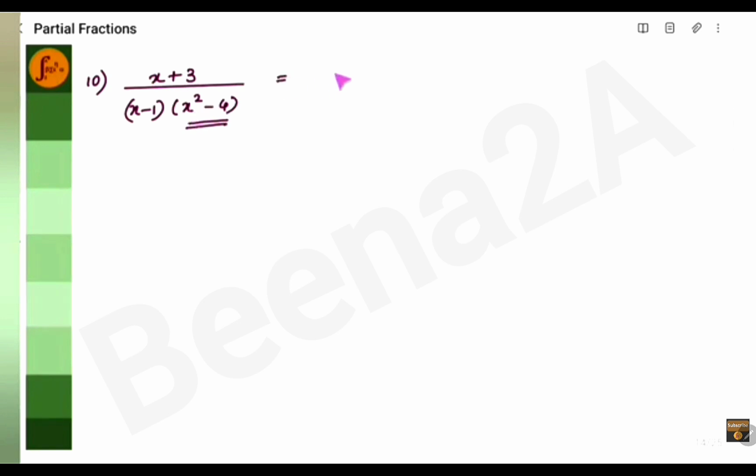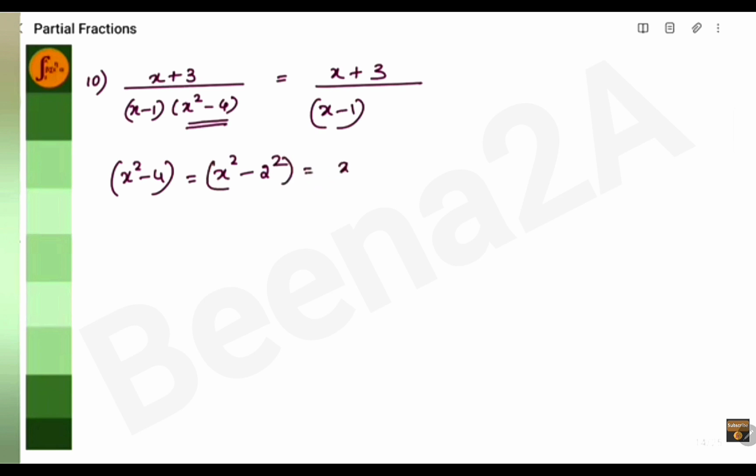We can write this as x plus 3 by x minus 1, x square minus 4. You can write x square minus 4 as x square minus 2 square, right? And you can write this further as x plus 2 into x minus 2.